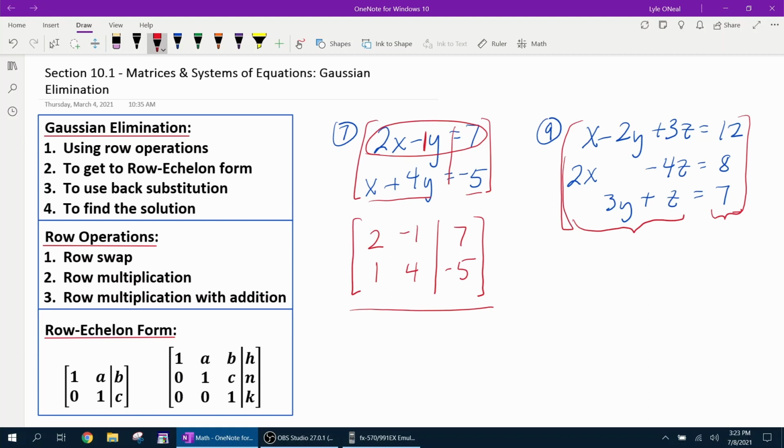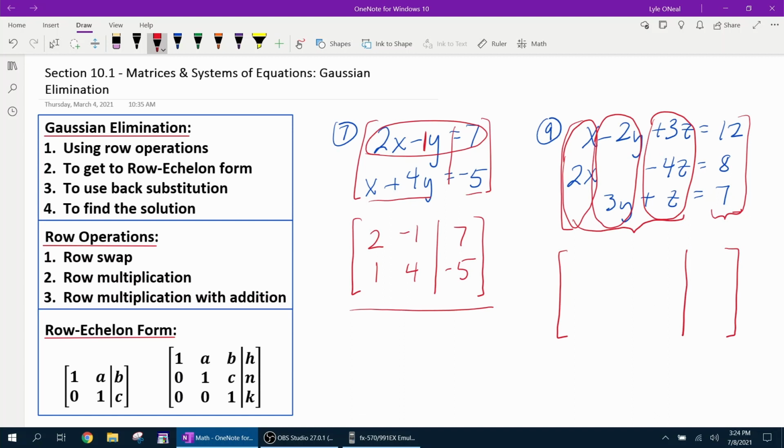And next, you need to make sure that the letters are lined up, x, y, and z. And if those conditions are satisfied, then you can go ahead and write your augmented matrix.